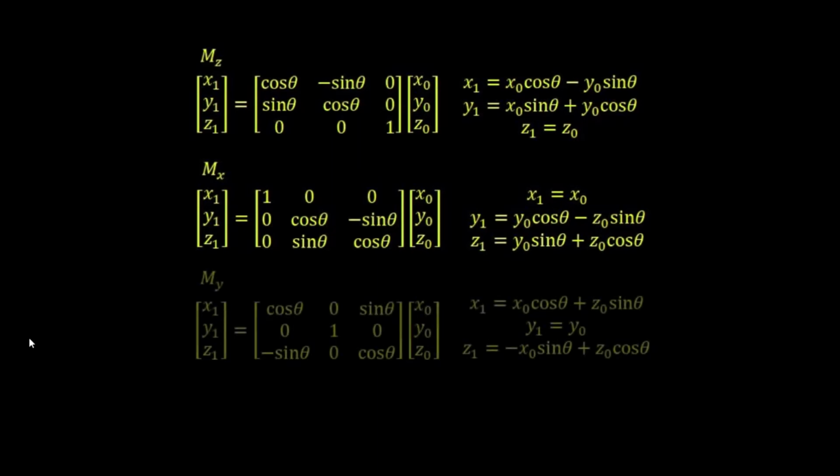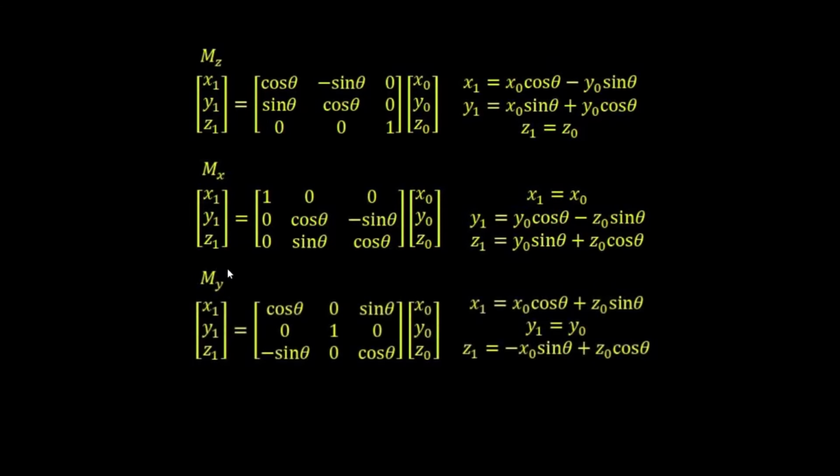Finally, we're going to look at rotation around the y-axis. Again, you can multiply out these matrices to get these equations. These sets of equations are the ones that we want to put into the graphical calculator. So let's go ahead and do that now, and all of this mathematics will start to seem quite simple.